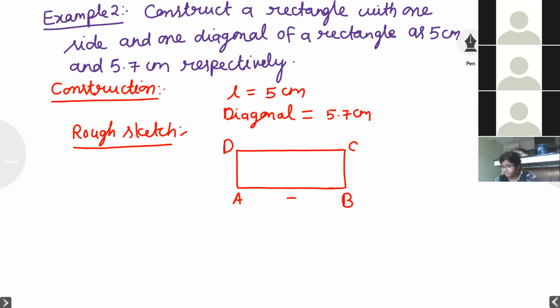Length he has given 5 centimeter, and this diagonal he has given 5.7 centimeter. This construction I want to do. Students, if you know the rough sketch, you can easily construct any figure.